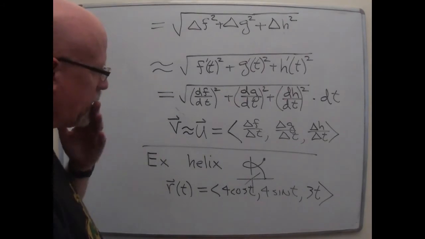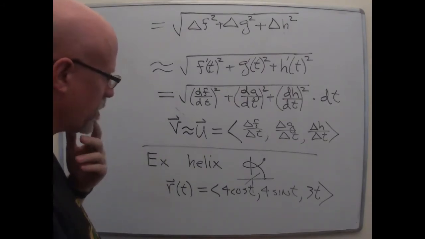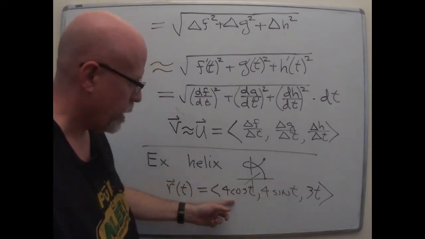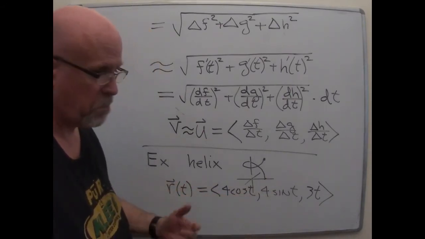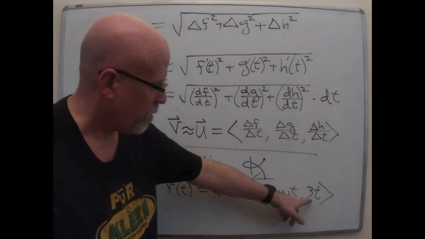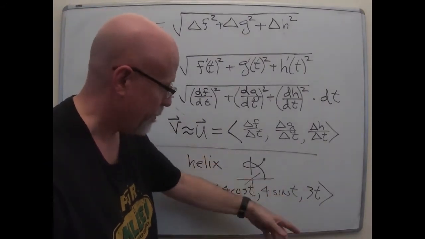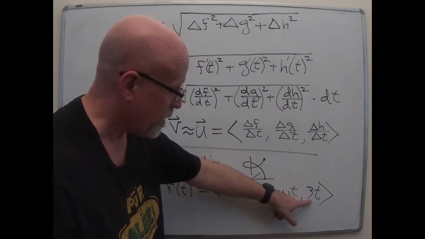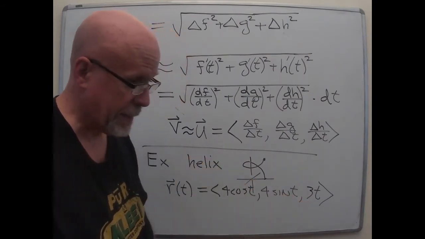Let's see, we can think about how steep it is. We go around one loop of this circle as time goes from 0 to 2 pi, about 6. In the vertical direction, as t goes through a range of 6, this is going to go through a range of about 18.